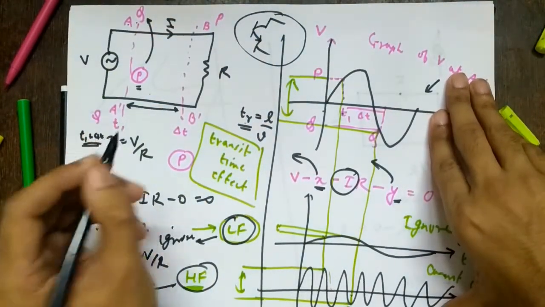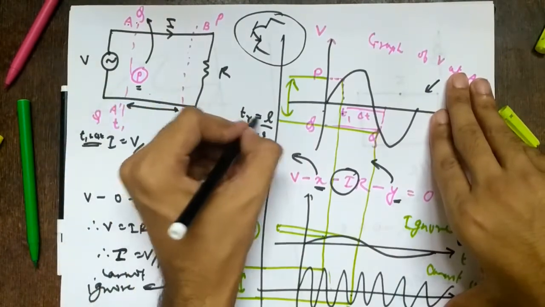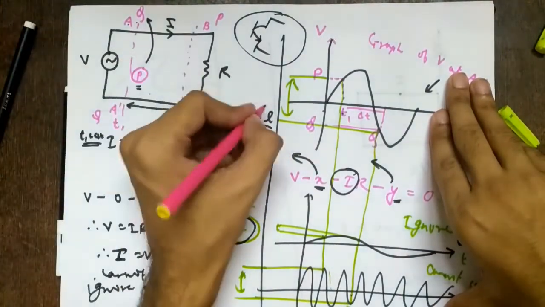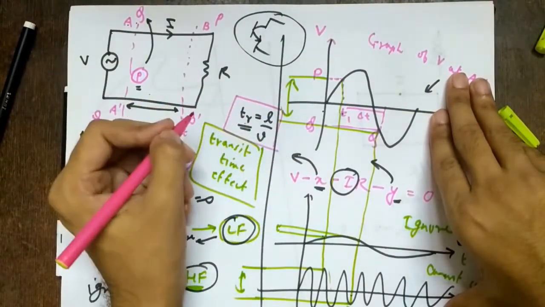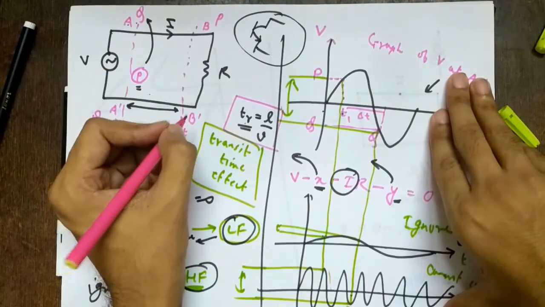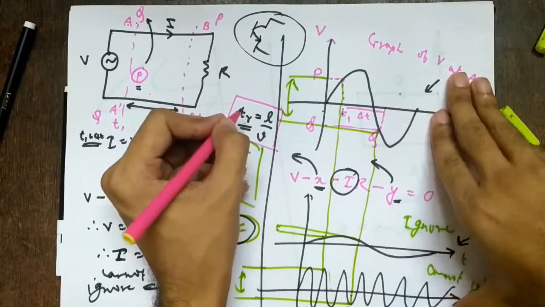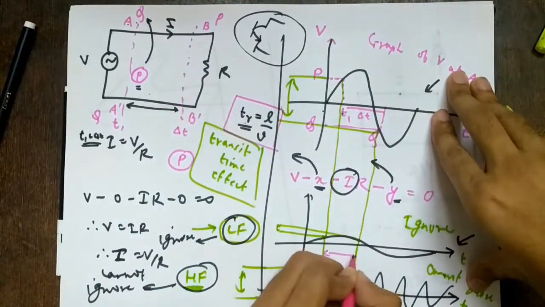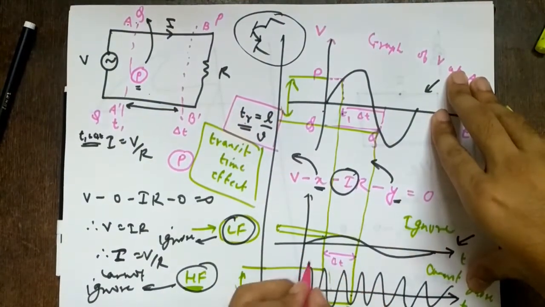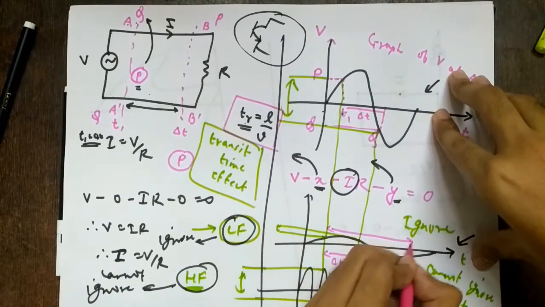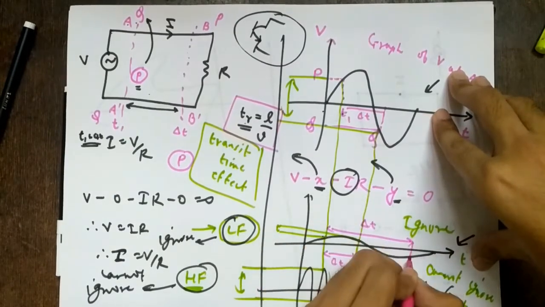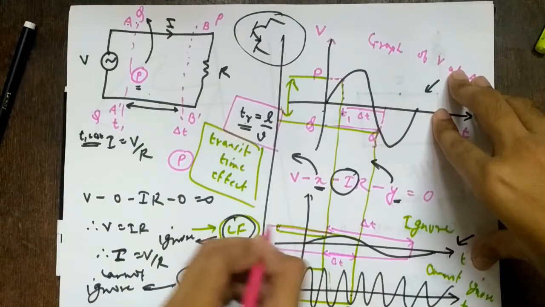But this is not the only case. If you see this expression, transit time TR equals L by V, right? So when is the transit time high? If I say that the transit time is high, this was delta T. If I increase delta T, let's say this delta T is still here, again I am getting a huge difference.